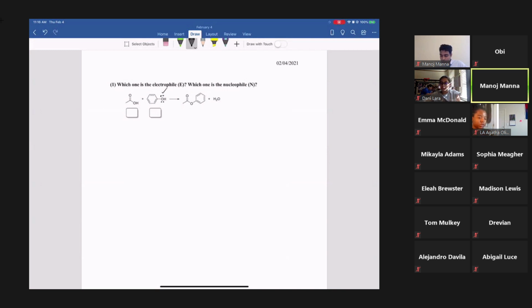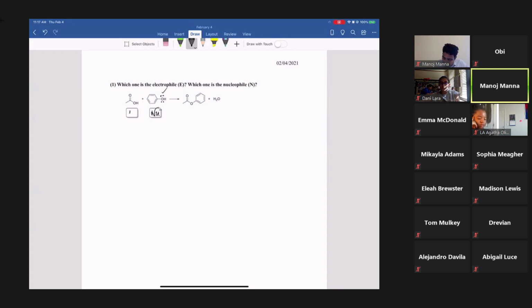So it can donate. If it can donate electrons, think about Lewis base. If it is not donating to H plus, but donating to some other species, then this will be your nucleophile. We represent it by Nu minus.